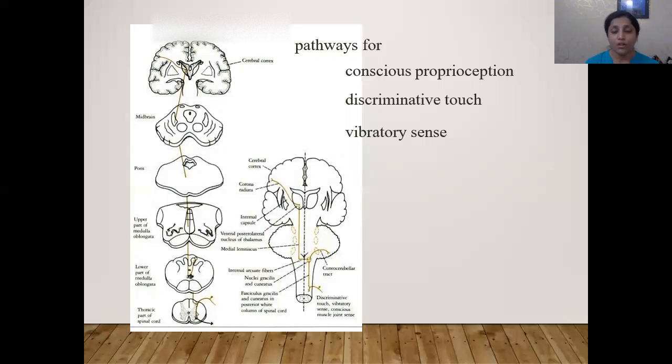There is also crossing over, but in this case, it is in the brain. So if you are asked whether the fibers of the dorsal column are ipsilateral or contralateral in the spinal cord, you have to say they are ipsilateral in the spinal cord, but the decussation occurs at the level of the medulla, that is in the brainstem.